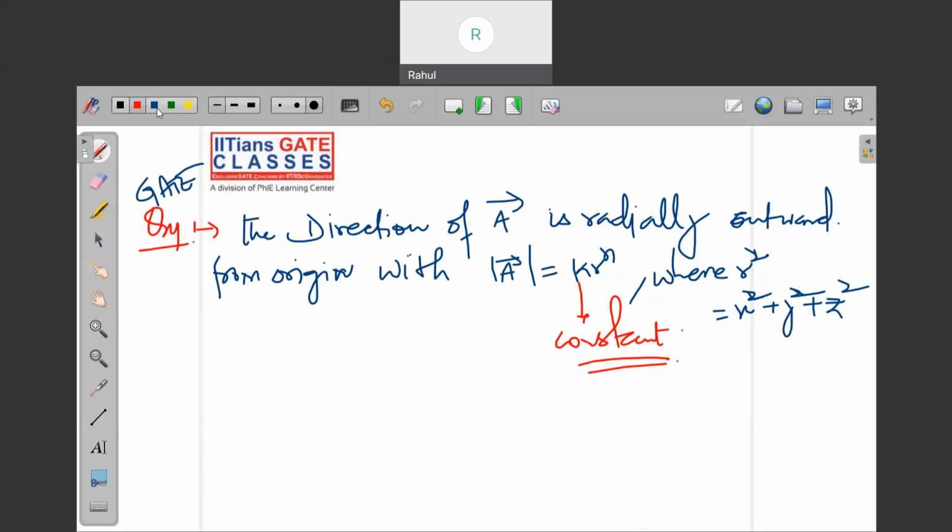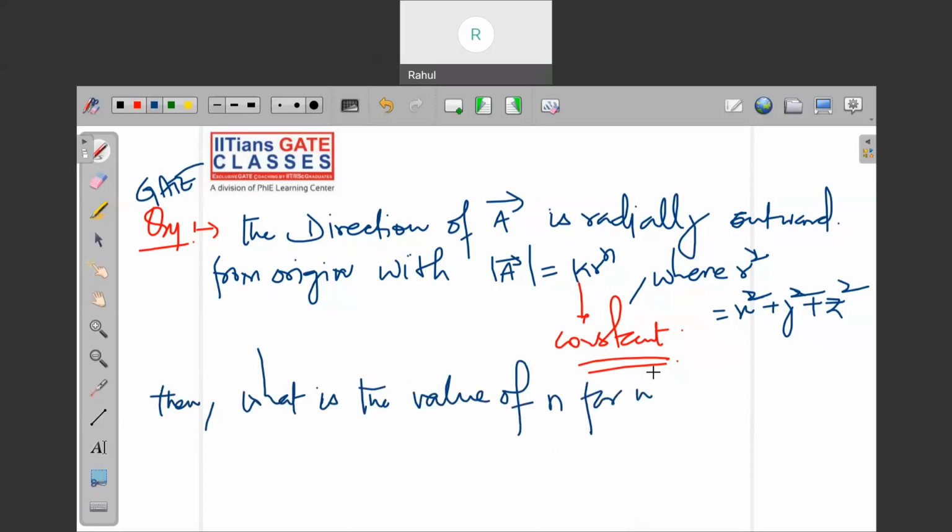Now the question is: what is the value of n for which the divergence of A is going to be 0? Remember, they have already told you that the divergence is going to be 0.